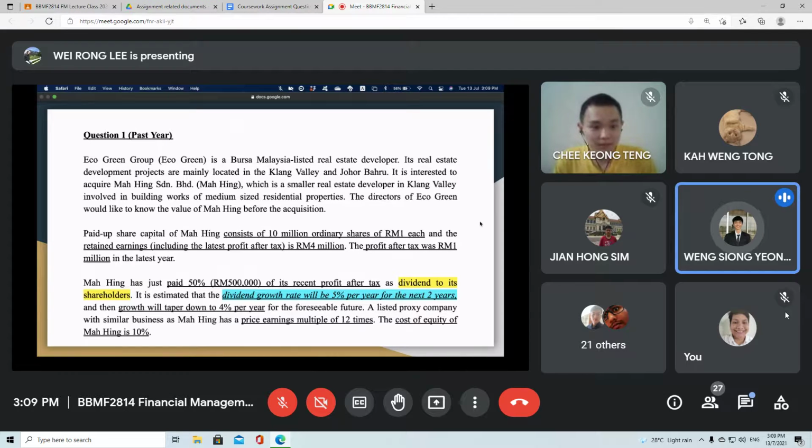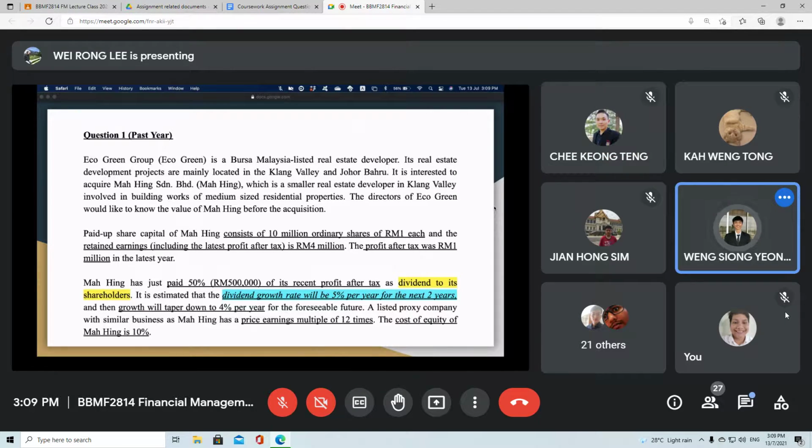Paid-up share capital of Masing consists of 10 million ordinary shares of RM1 each, and the retained earnings include the latest profit after tax of 4 million. The profit after tax was 1 million in the latest year. Masing has just paid 50%, 500k of its recent profit after tax, as dividend to its shareholders.